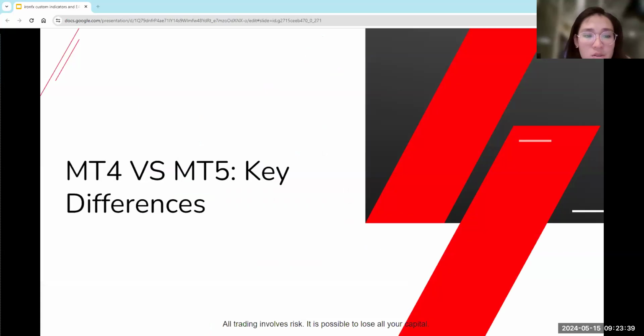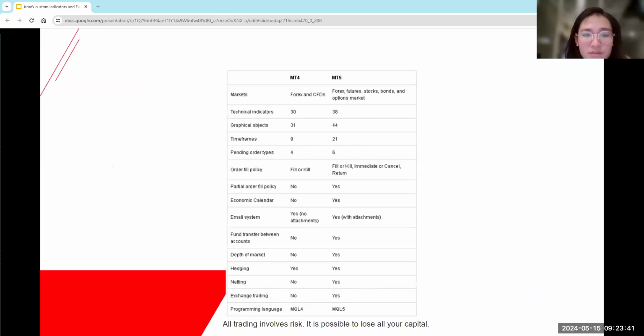Okay, so MT4 and 5, some key differences. Here's a table, a summary of all the differences between MT4 and 5, but basically it depends on your needs and preferences. MT4 remains a favorite for Forex traders who appreciate its simplicity and the extensive library of available EAs and custom indicators.